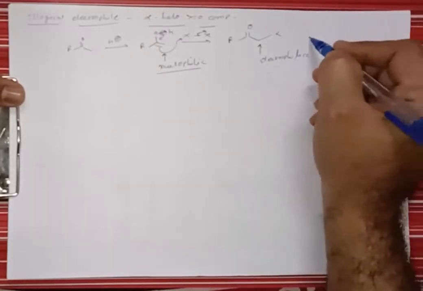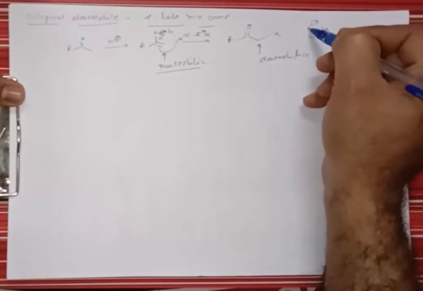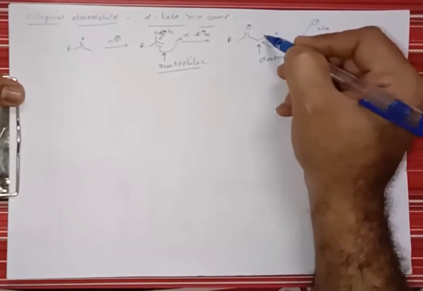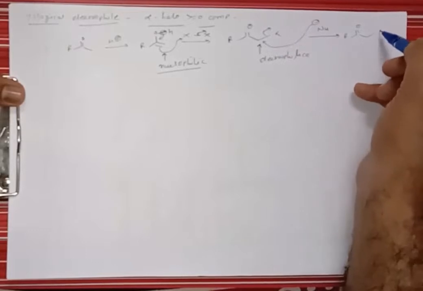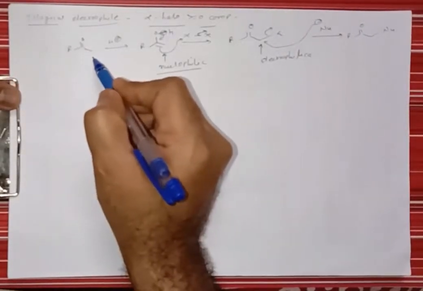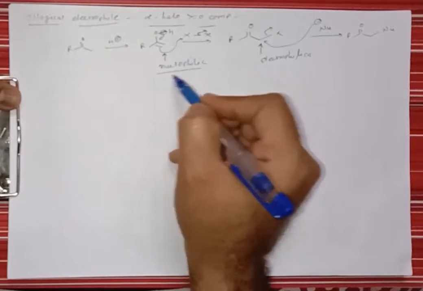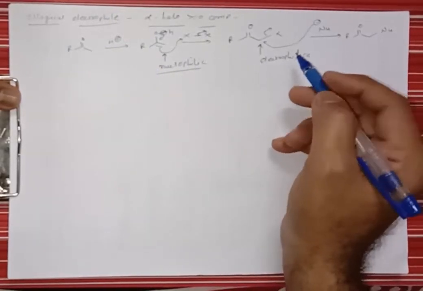That means if we treat this molecule with a nucleophile, it reacts with this alpha compound and gives a compound like this. We know that generally a carbonyl compound having an alpha carbon is nucleophilic, but this carbon will be converted to electrophilic, and that is called an illogical electrophile.